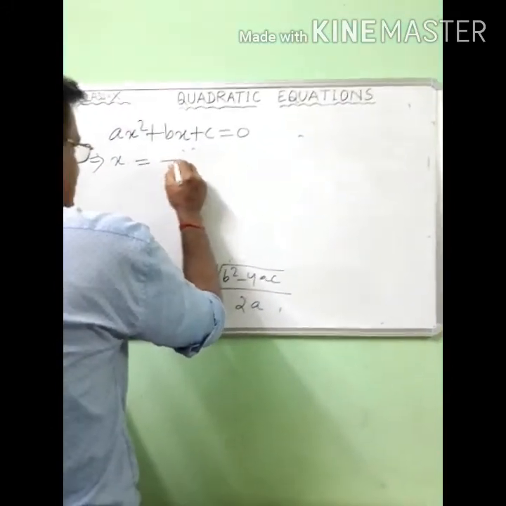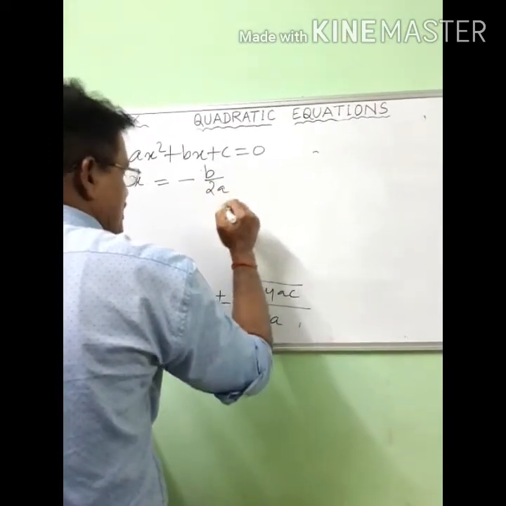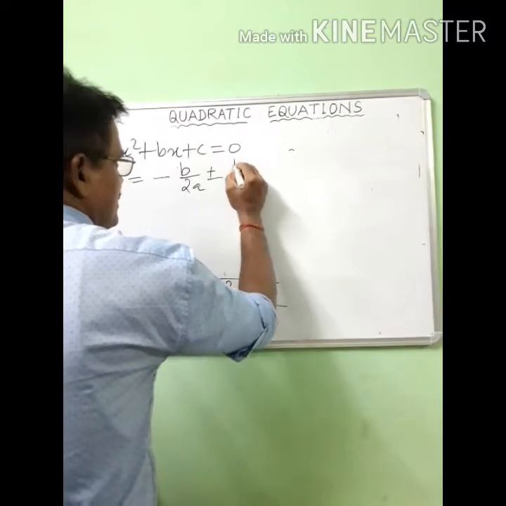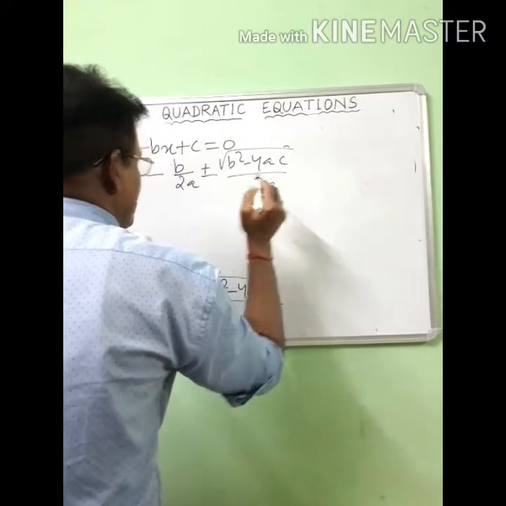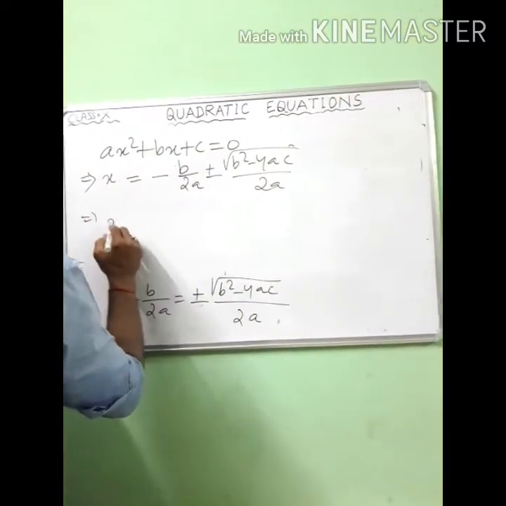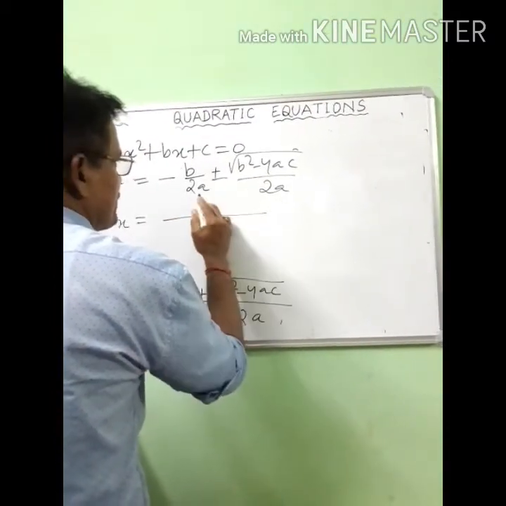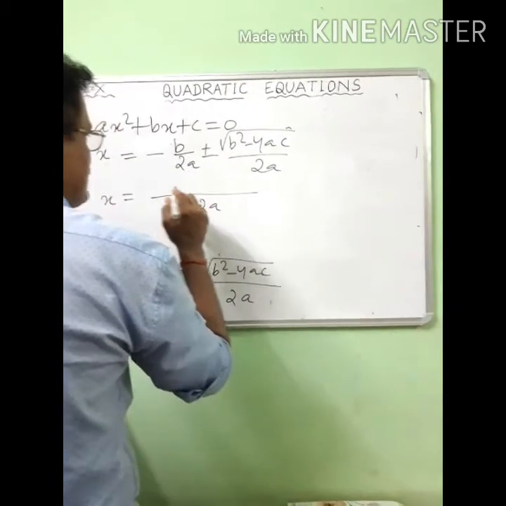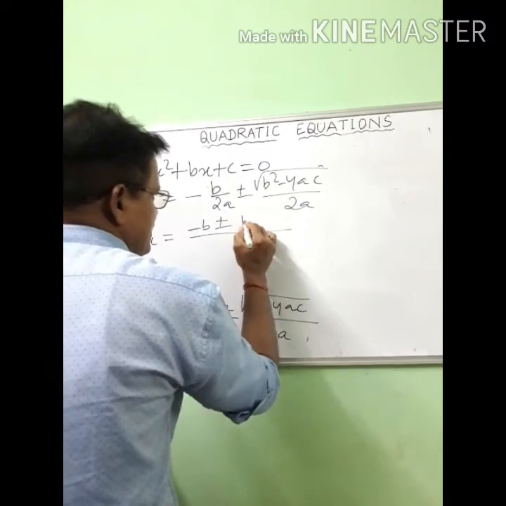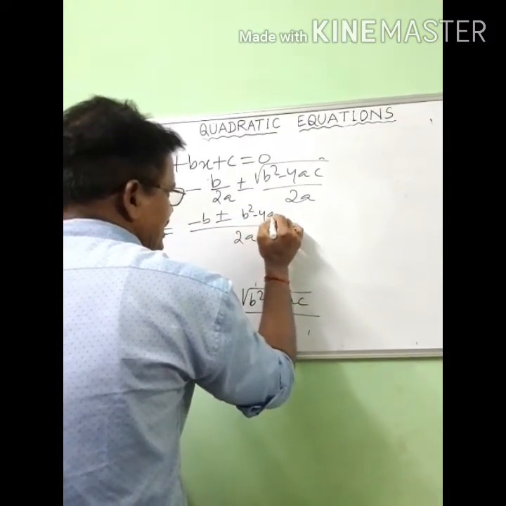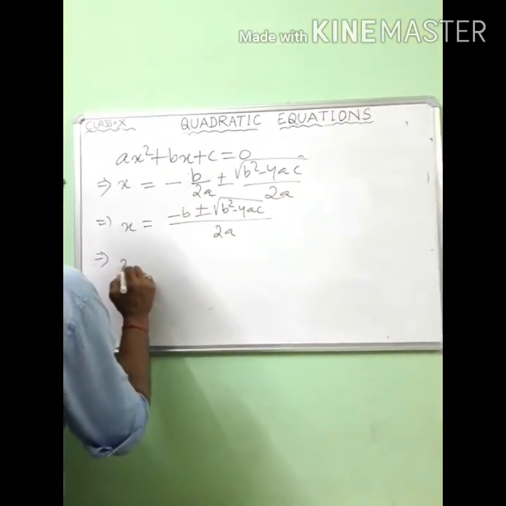So minus b by 2a plus minus b square minus 4ac root over by 2a. So x is equal to, let us take the LCM, 2a. So minus b plus minus root over b square minus 4ac, over 2a. Clear?